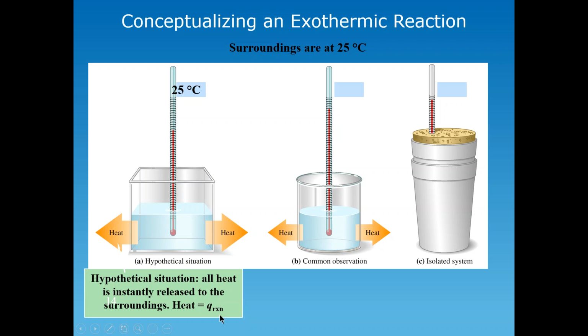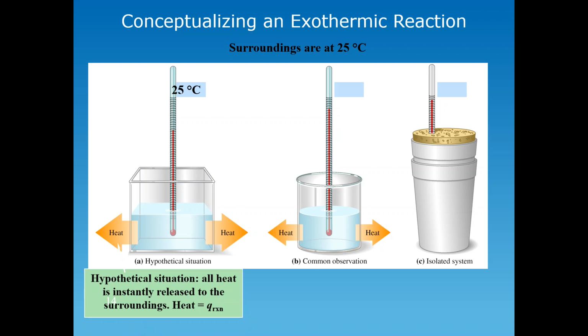So basically, what will happen is that the temperature will not change for that system. The system temperature will remain at 25 degrees in this particular case, where the temperature of the surroundings will be 25 degrees, and that's because all the heat that is generated basically goes into the surroundings.